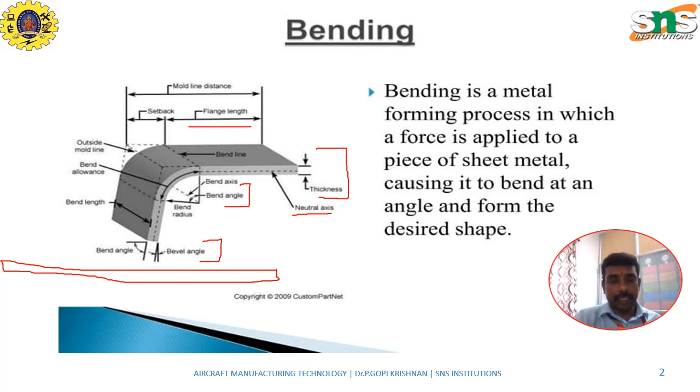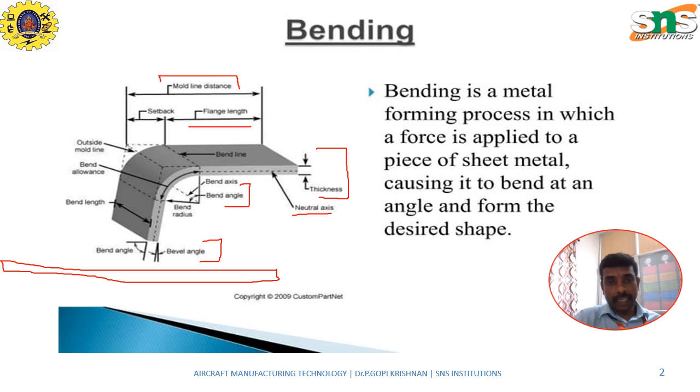Even after the bending, if the line is stretched to a horizontal line, and the distance is measured from the unbent edge to the bent edge, that imaginary line is called the mold line distance. The mold line distance is the combination of flange length and the setback. When you add together setback and flange length, you get the mold line distance. And setback is measured between the bent plane and the line at which the bending starts.